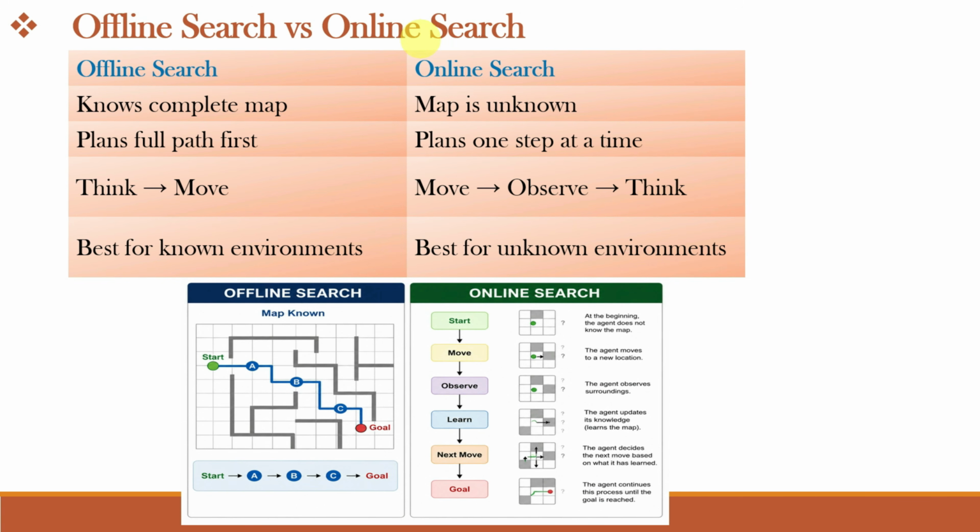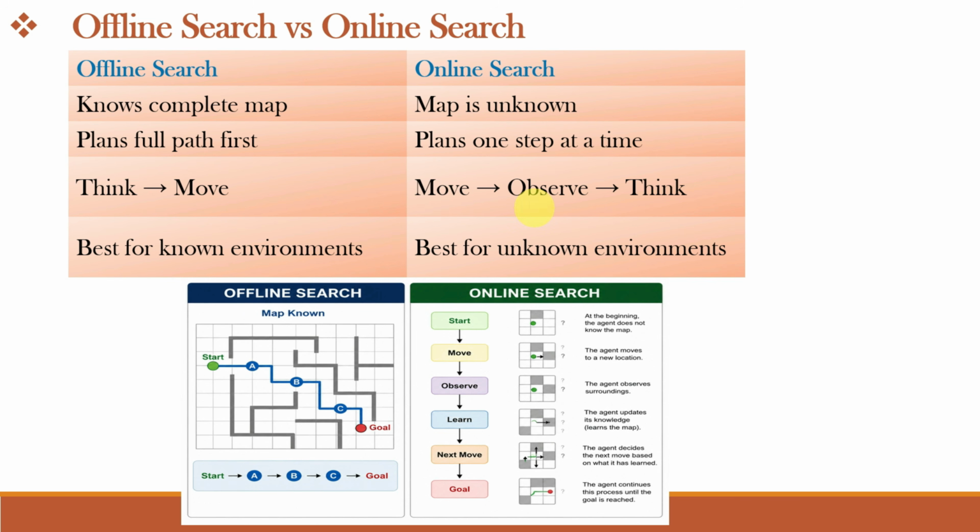Before learning online search, let us compare it with offline search. Offline search is what we have studied until now. The agent already knows all states, all actions, all paths, and the goal location also. So it computes the complete solution first and then it starts moving. Online search is different. Initially, the agent knows almost nothing. It moves first.